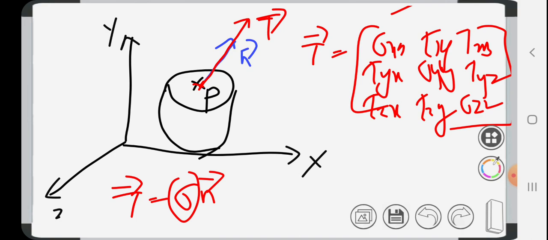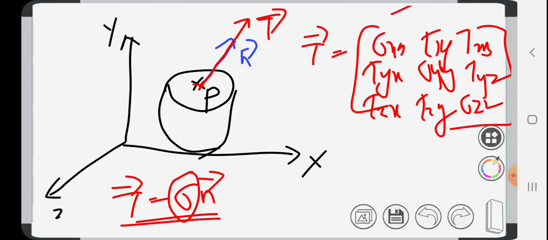Let sigma be the magnitude of this stress vector. I'm not saying this is the normal component. Any vector can be written as a magnitude into its direction vector. This is the general formula.